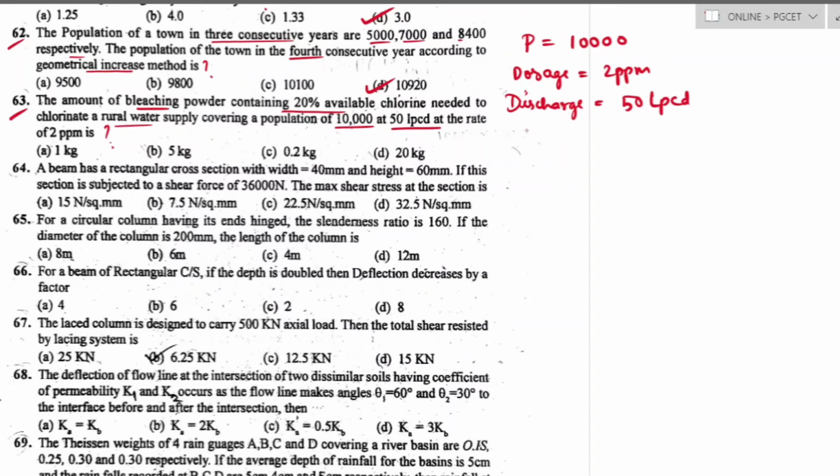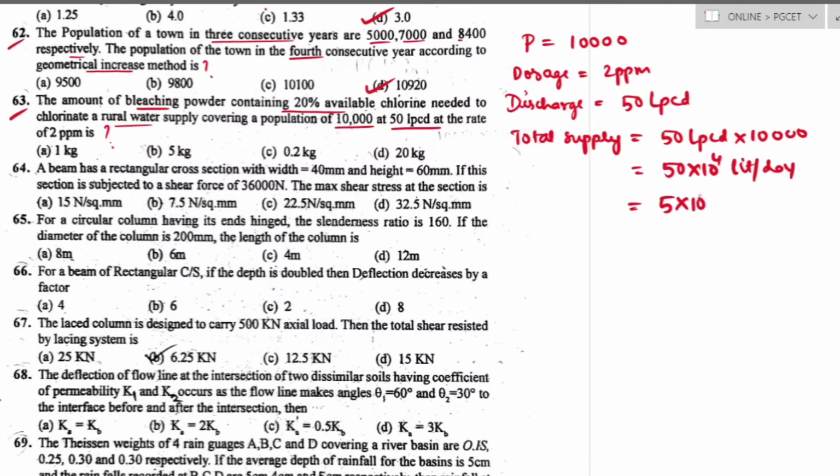So total supply is given by 50 LPCD multiplied by total population, that is 10,000, that is equal to 50 into 10 to the power of 4 liter per day, that is equal to 5 into 10 to the power of 2 meter cube per day.